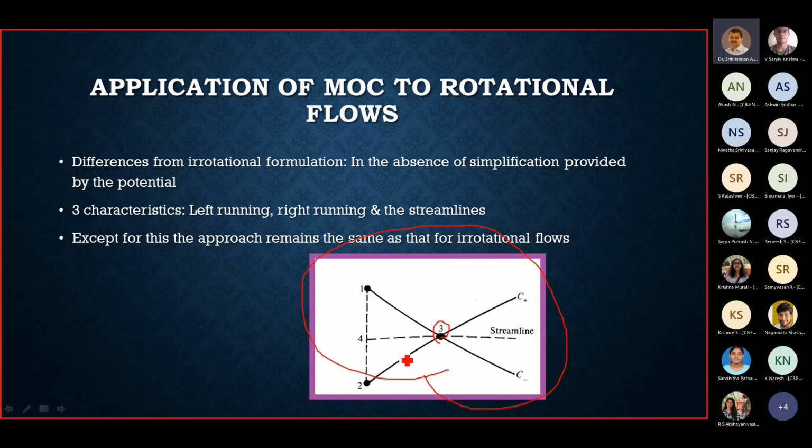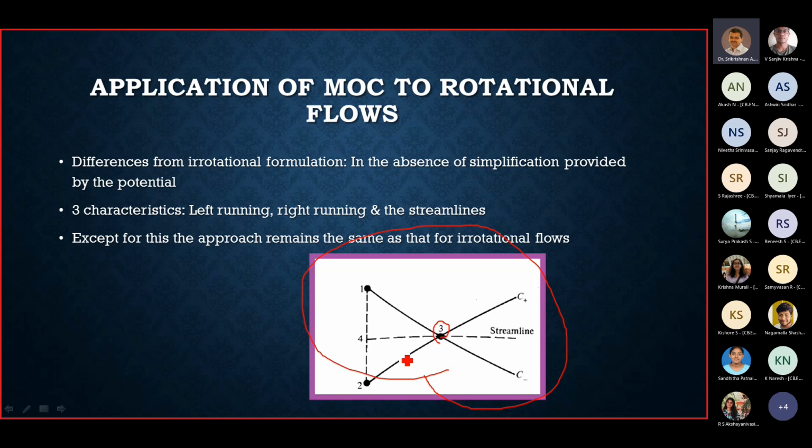Whereas when the flow is rotational, in the sense that fluid elements can undergo deformation, then you need an additional condition to solve for the spatial location of the fluid properties, and that's the reason why you have to also solve for streamlines. So the two characteristics plus the equation for the streamline will be required while solving for rotational flows.